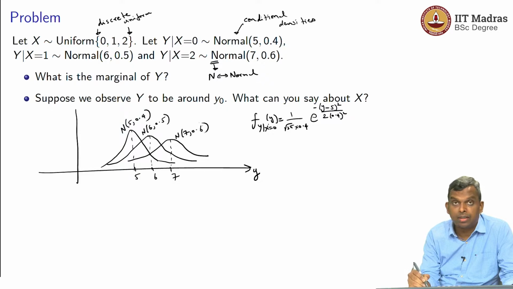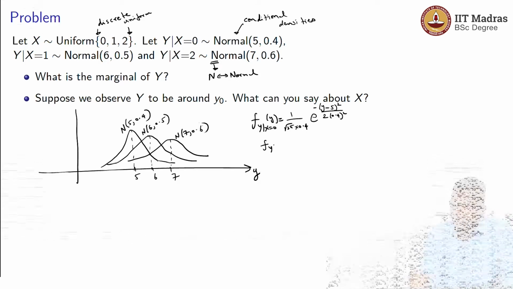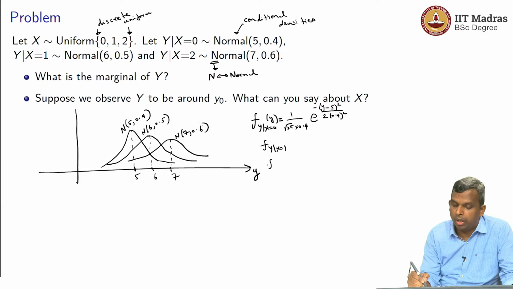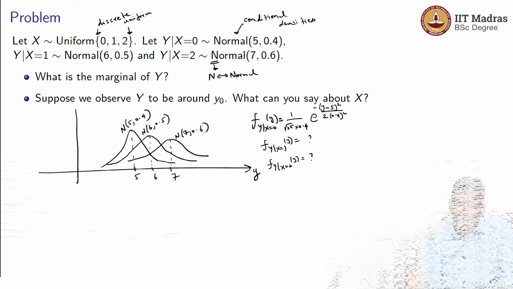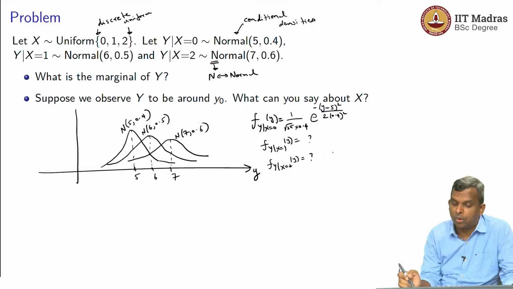Likewise, you can also write Y given X equals 1 and Y given X equals 2. I'll leave it as an exercise for you. It's easy. Instead of 5, you put 6 here, and instead of 0.4, you put 0.5 for X equals 1. Likewise, for X equals 2, instead of 5 you put 7, and instead of 0.4 you put 0.6.